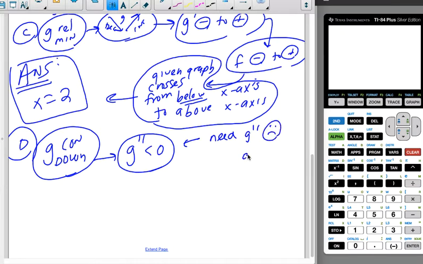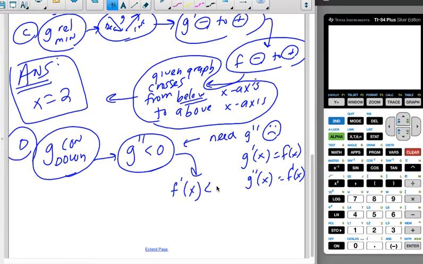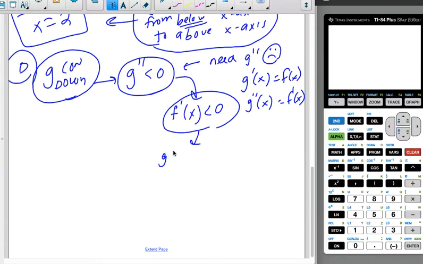So I know that G prime of x is F of x, which means G double prime of x has to be F prime. Okay, well, that was the mystery information I needed. So that means that we're looking for where F prime of x is less than 0, right? Which means we're looking where is the given graph, you can either say decreasing or has negative slope, right? So that's the same as saying has negative slope or where is the given graph decreasing.